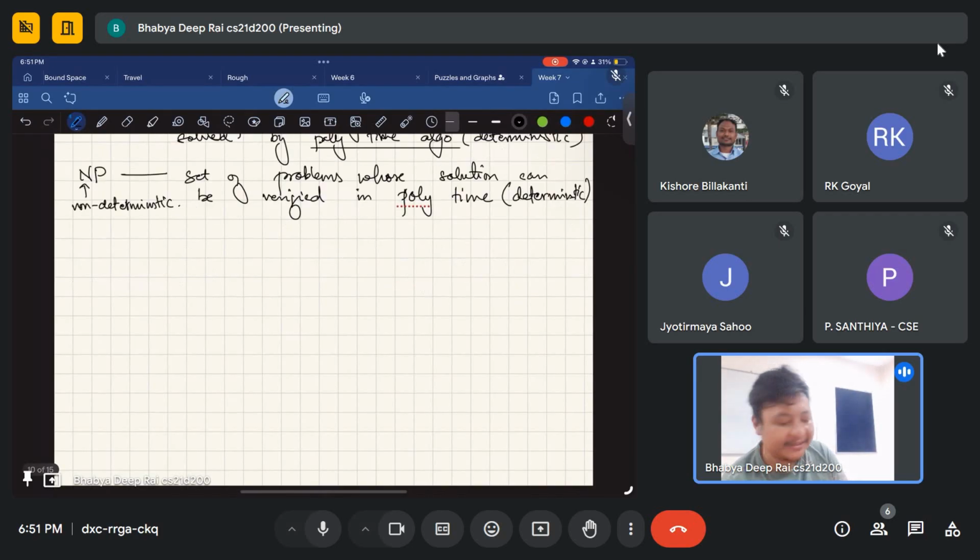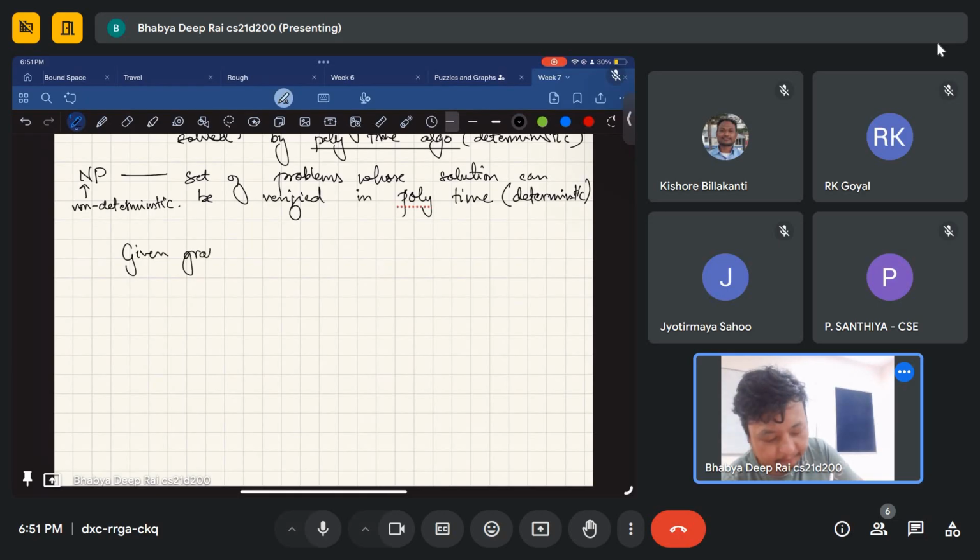Now, what is an example of this? Let's say we take a given graph. This is called the reach problem, reachability.